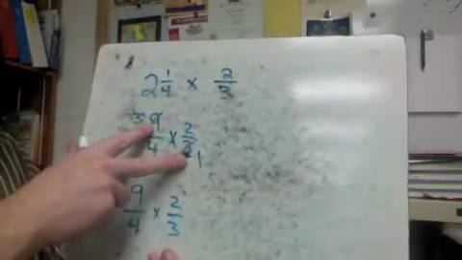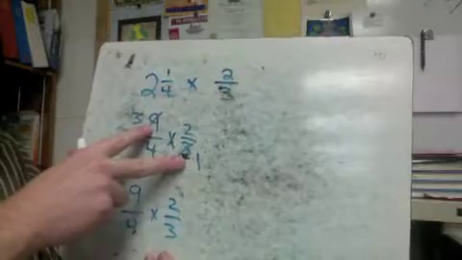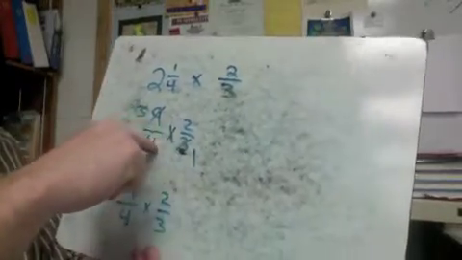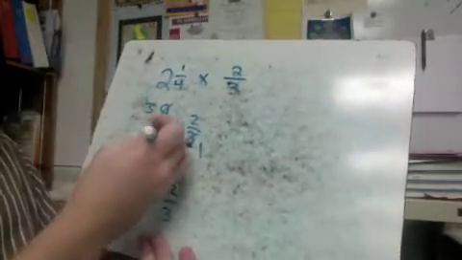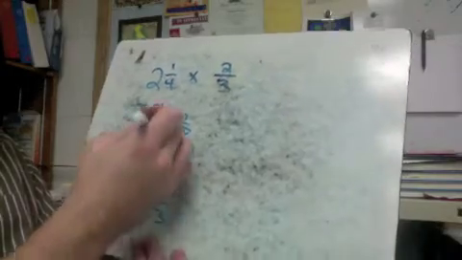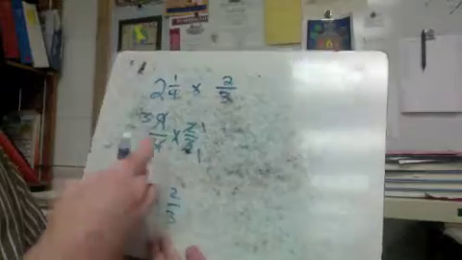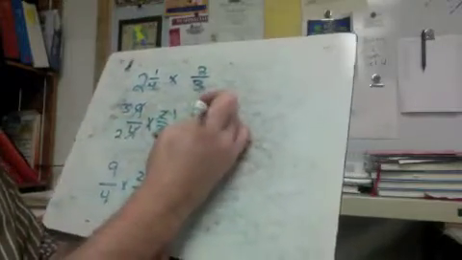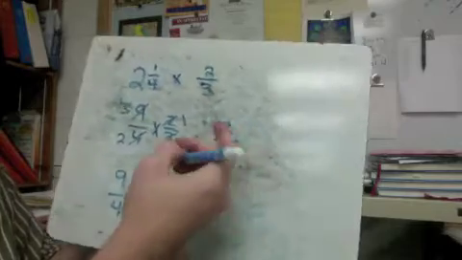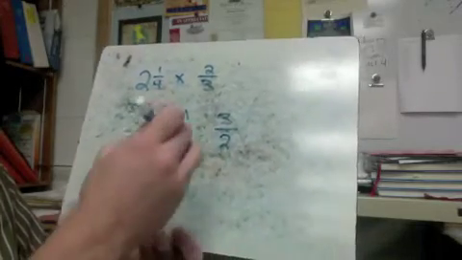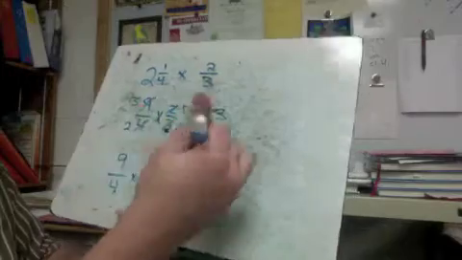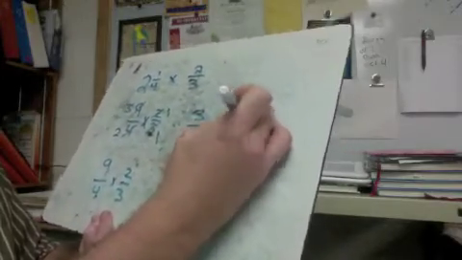I just put 3 into both of those, divided both of them by 3. 4 and 2. 2 can divide into both of those. 4 divided by 2 is 2. 2 divided by 2 is 1. This problem's pretty easy now. 3 times 1, 3. 2 times 1, 2. 3 halves. 3 halves would make 1 whole and 1 left over.